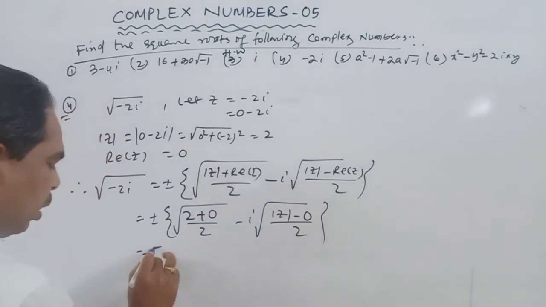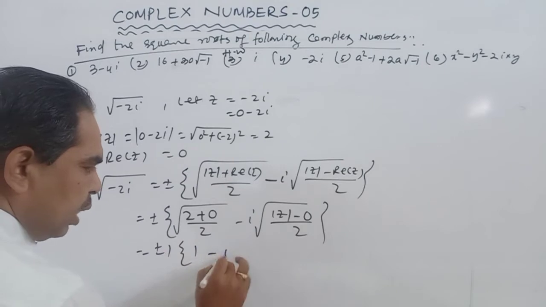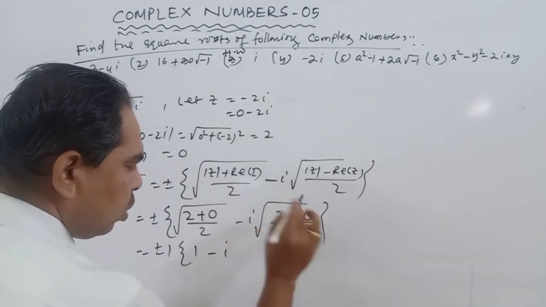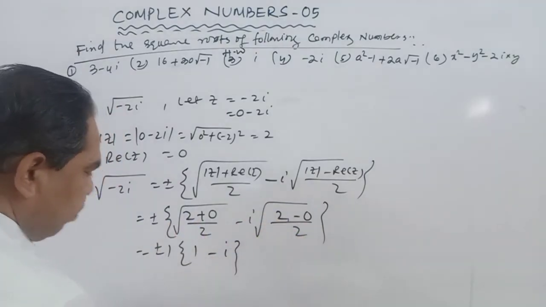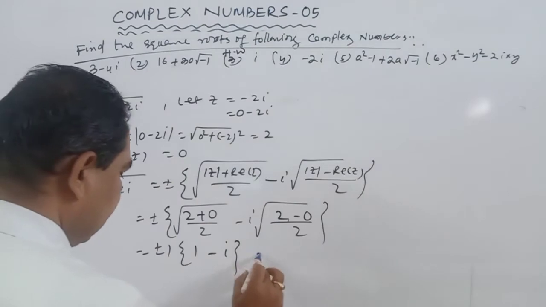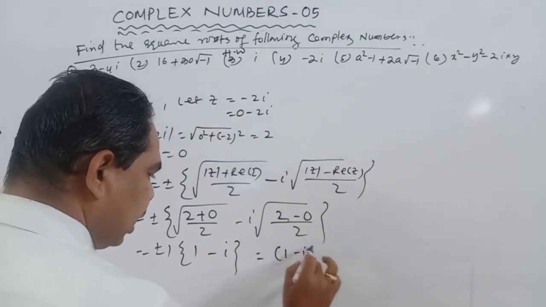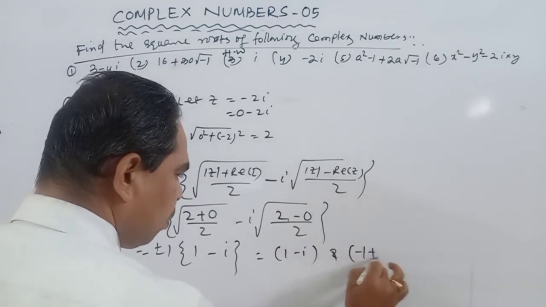This is 1 minus i, because mod z is 2, and 2 by 2 is 1. So this is the answer: 1 minus i or minus 1 plus i.